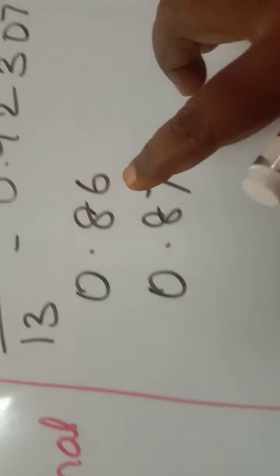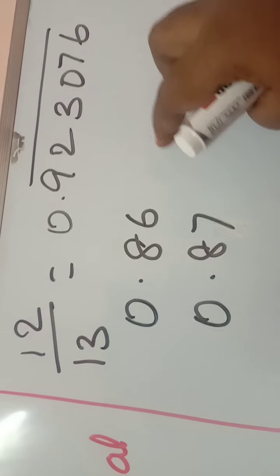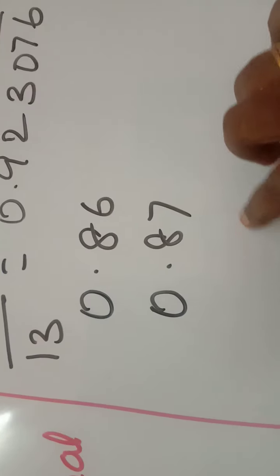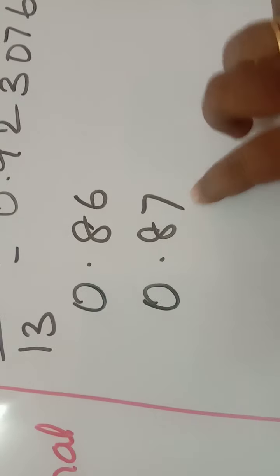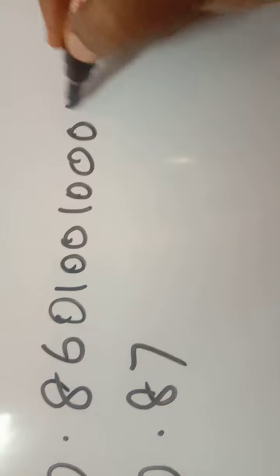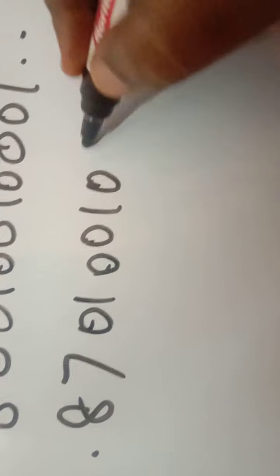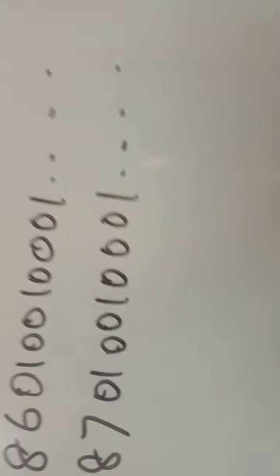As 85 is there, I have written 86, 87. You can write up to 91, 90, also 0.91, 0.90, 0.89, whatever you like. We want irrational numbers, so 01, 001, 0001, etc.